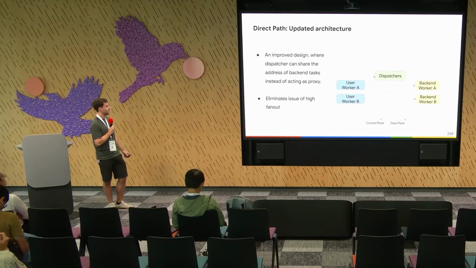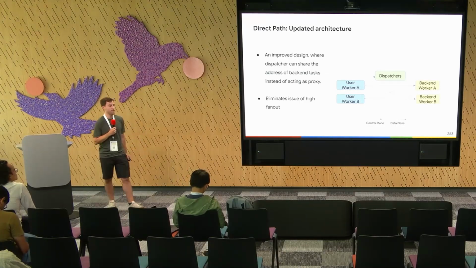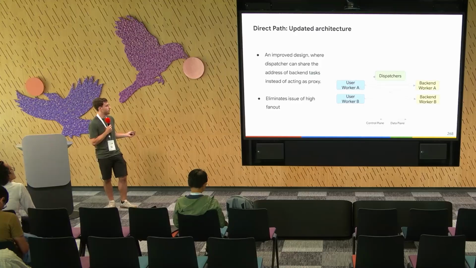So with some newer cloud technology in GCP, we can take advantage of that to make the architecture a bit better. Instead of needing to plumb all of your output between stages through dispatchers and then through to the backend, user workers can just talk to the dispatchers to get information about the backend workers.